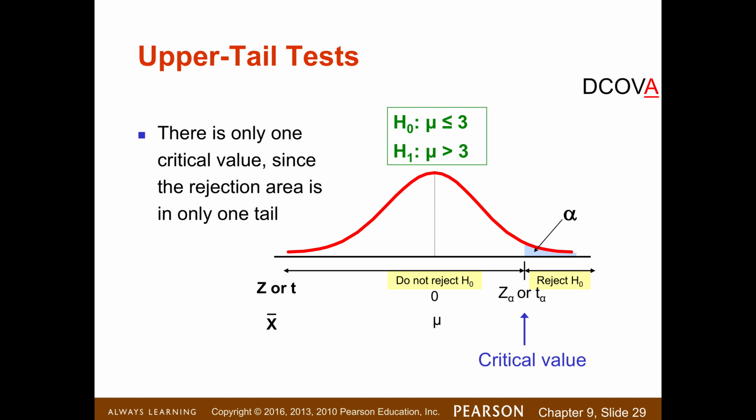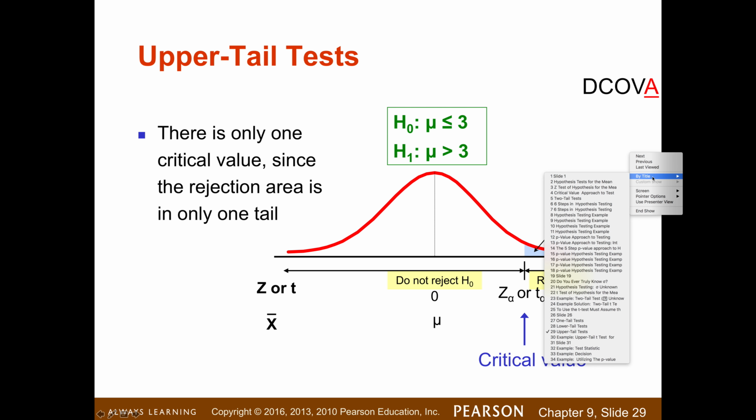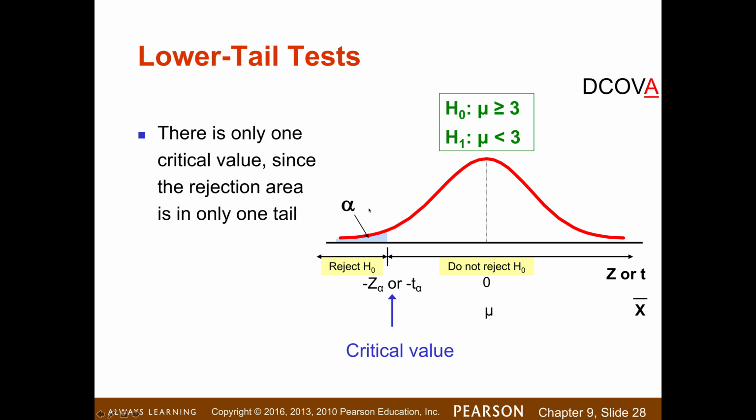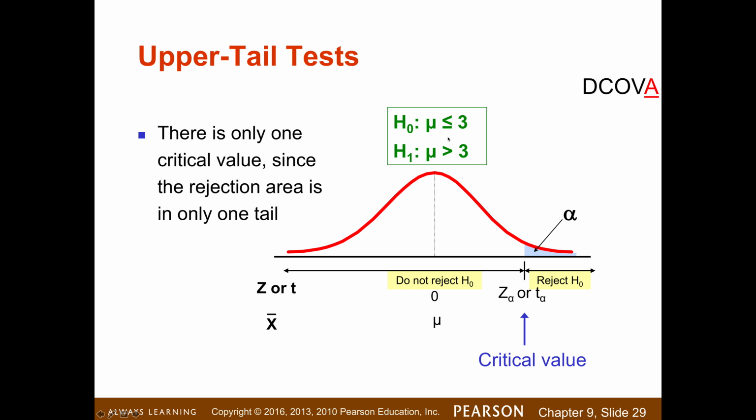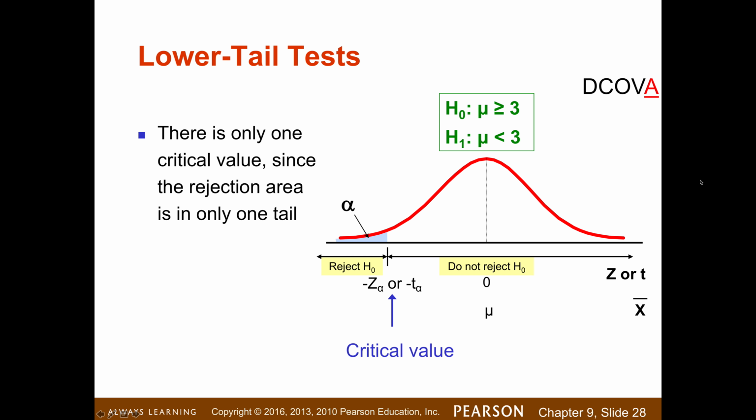So all of the rejection region is in the left tail. Let me go back here. In a lower tail test, all of the rejection region is in the left tail. In an upper tail test, all of the rejection region is in the upper tail. Again, let me go back again. The purpose of the lower tail test is to show that something has decreased.